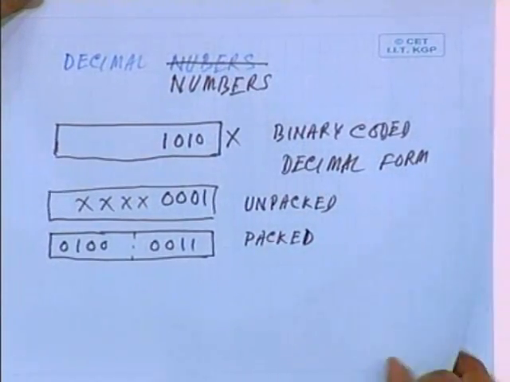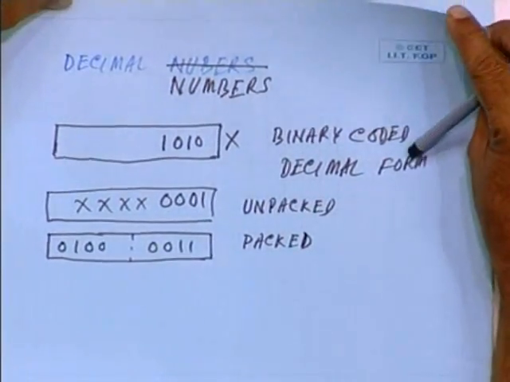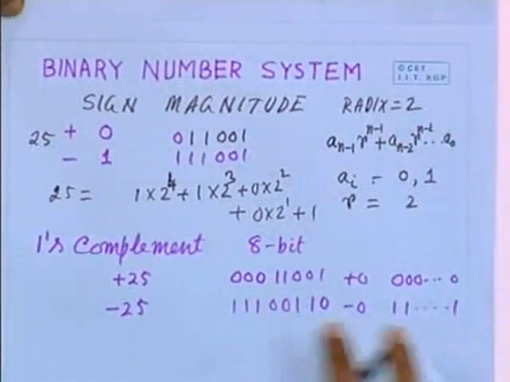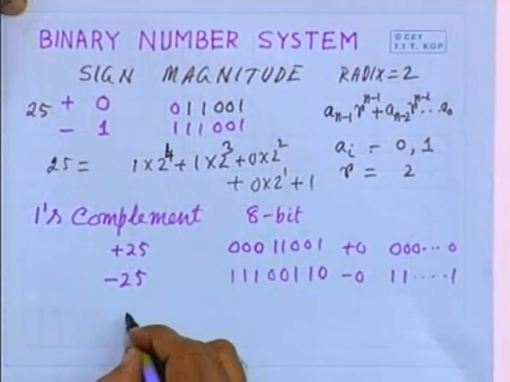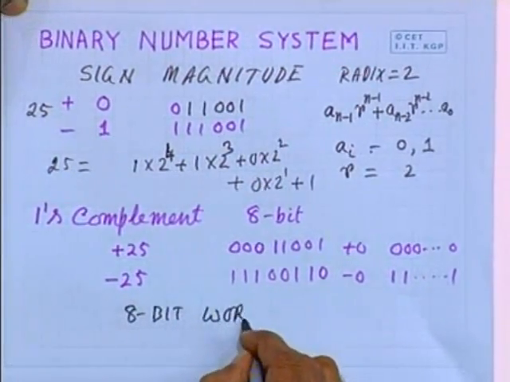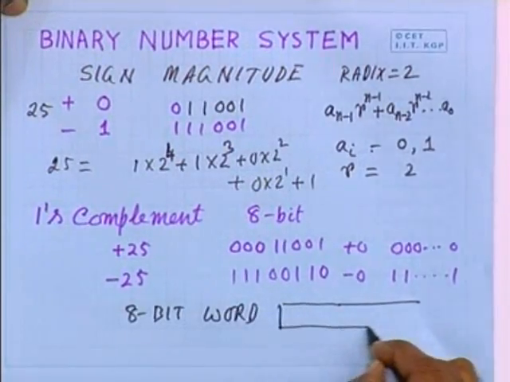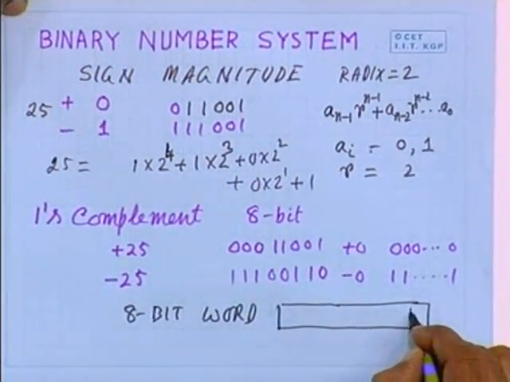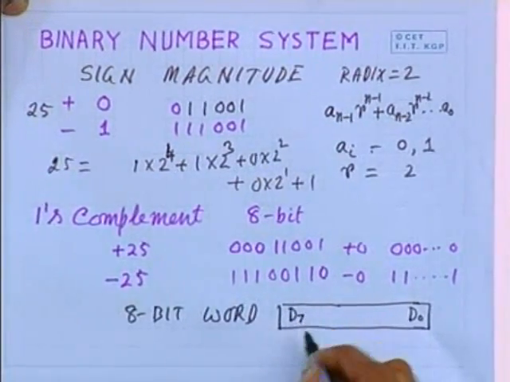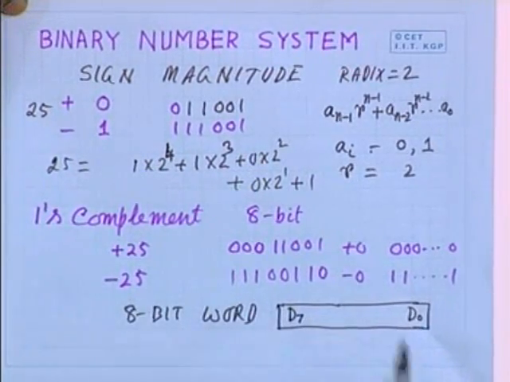and you will find that the numbers, usually for 8-bit microprocessors, will be an 8-bit word, where the least significant bit is stored in bit 0, the most significant bit is the sign bit, and 7 bits are stored here.